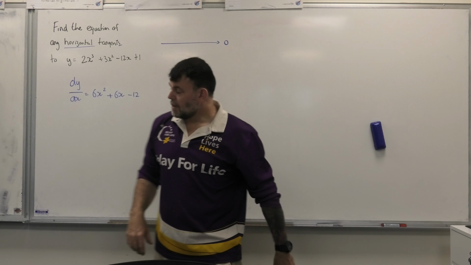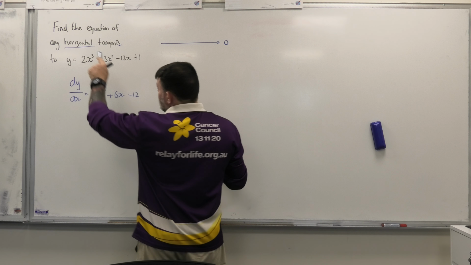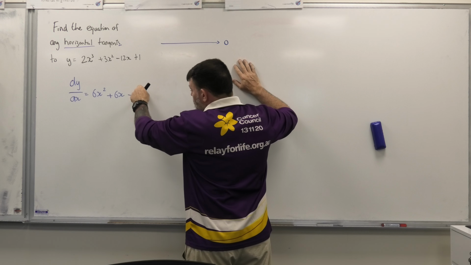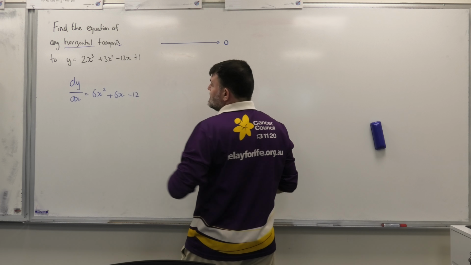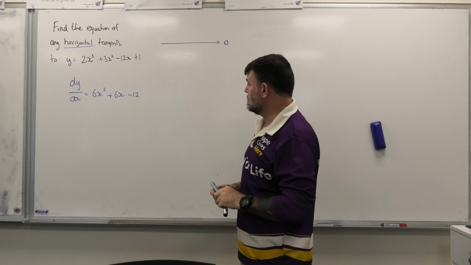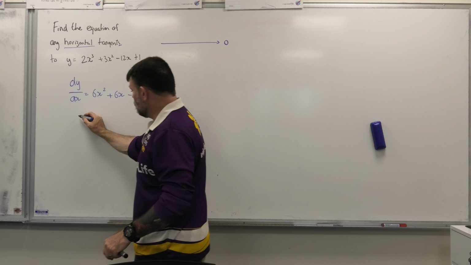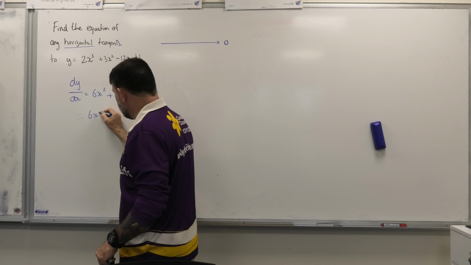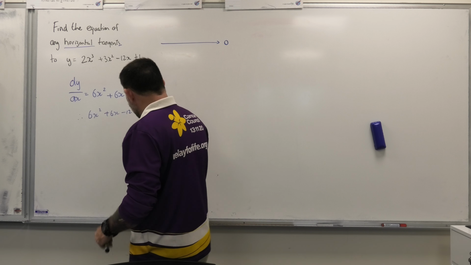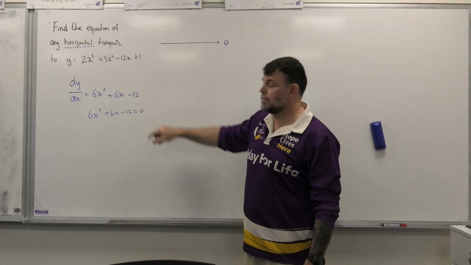So this here is the derivative, and we know that to find the equation of a tangent, we have to know what we've got to equate this to. It's saying we need to find any equations with horizontal tangents. So that means I have to make this equal to 0. So I can write down 6x squared plus 6x minus 12 must equal 0, because I'm going to have a gradient of 0.